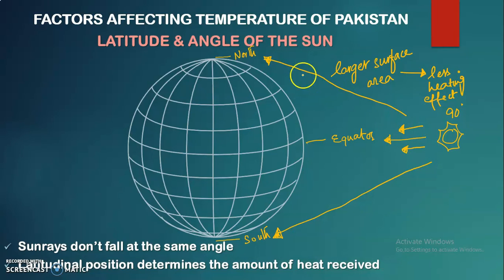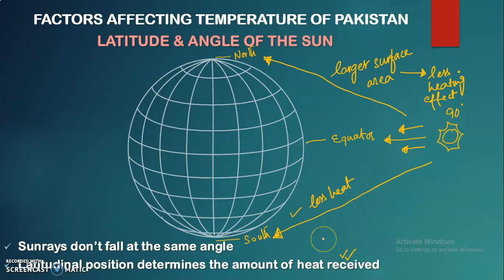Because when the rays have to travel longer into the atmosphere, the impact of it would reduce and it would have a very little heating effect because it had to cover a larger surface area. Same on the southern portion as well, as it has to move further through the atmosphere, so it would receive very little heat over here. So this is why the second point mainly proved that the latitudinal position determines the amount of heat received from the sun.